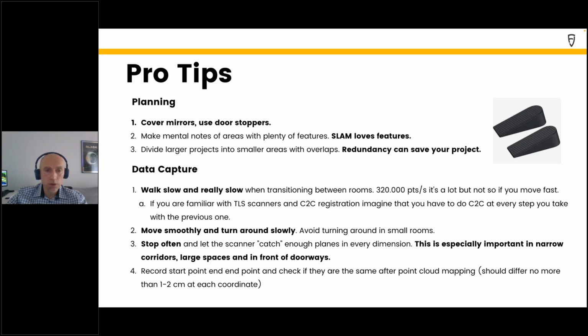Also, I use small stickers with crosshair to mark ground control points, which I use a lot. I really advise you to walk slowly, and really slow when approaching another room. 320,000 points per second, it's a lot, but not so if you move fast.